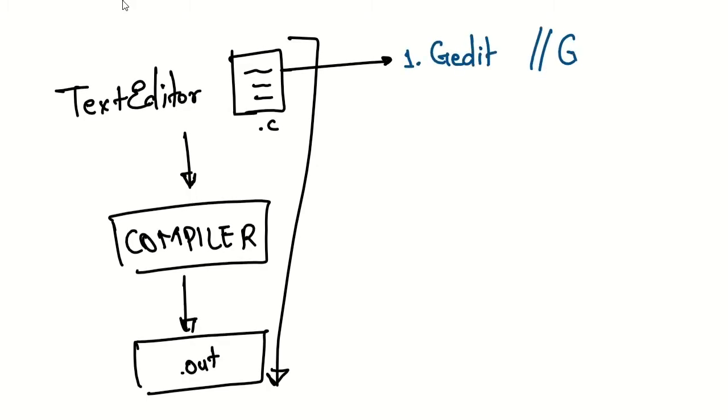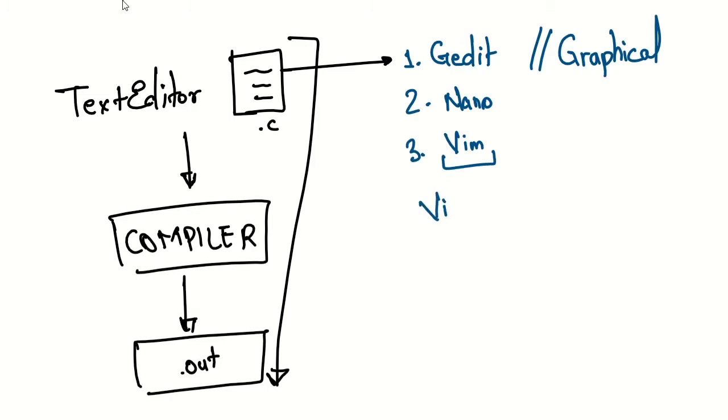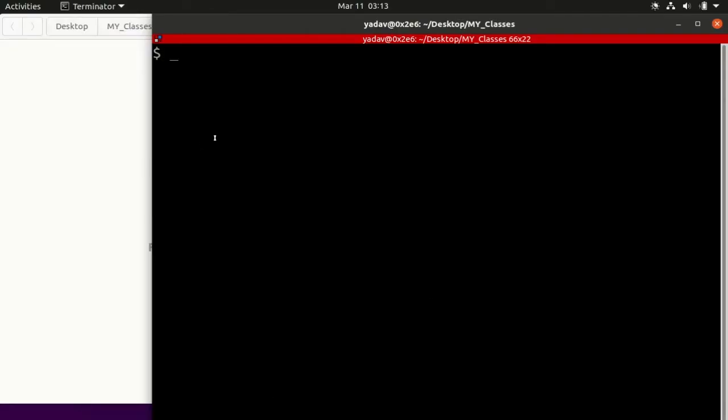It is graphical. Second one is going to be Nano, and third one which I'm going to show is Vim. Okay, this is Vi improved. Like the editor is called Vi, and the extra 'IM' is improved. I'll show you what all of this means. These both are textual. So now I'll show you Nano.